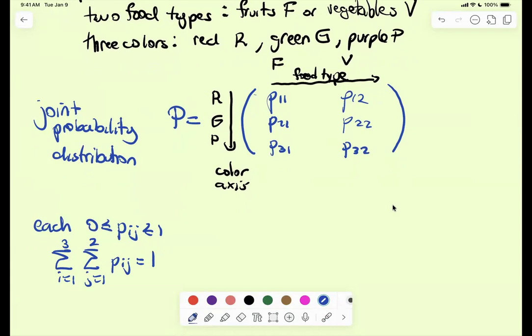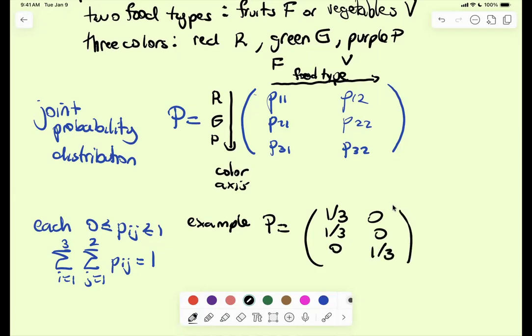For a silly example, just to give some numbers of what this probability could look like, it could be something like that, right?